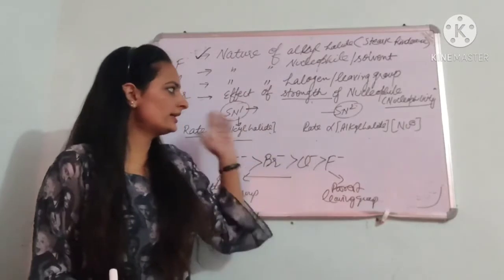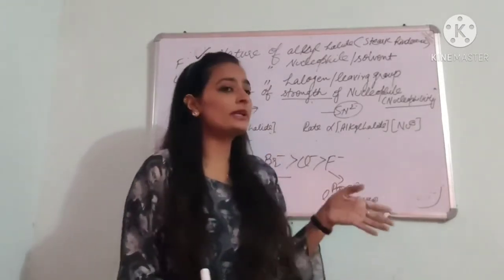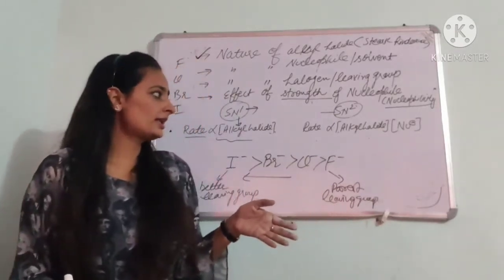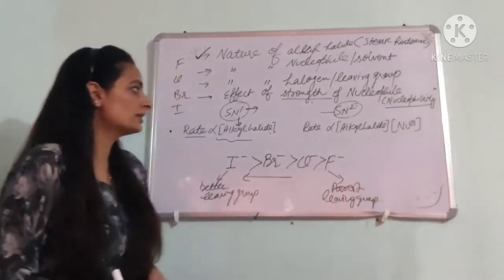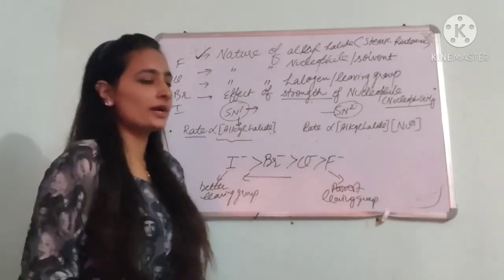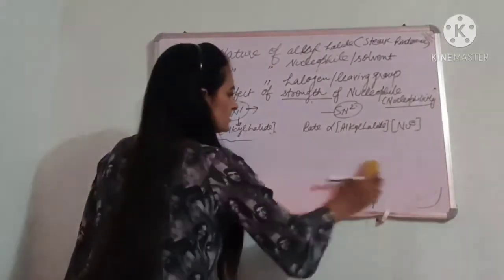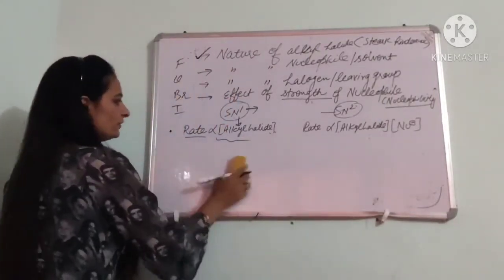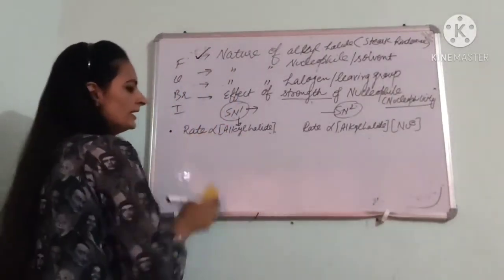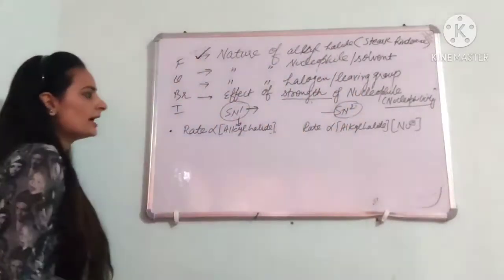When the nucleophile attacks the carbon, the leaving group leaves the alkyl halide. Then the last factor is the strength of the nucleophile, that is, which nucleophile will give its electron pair readily to this alkyl halide.